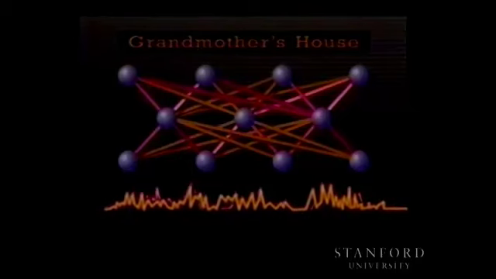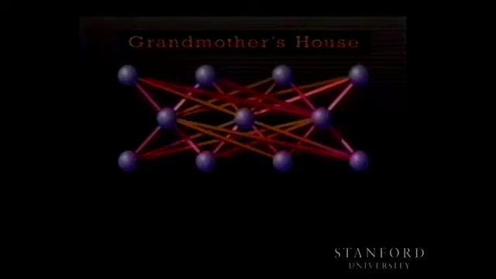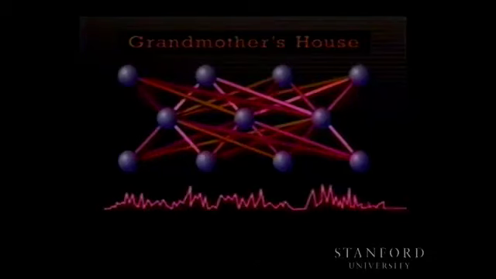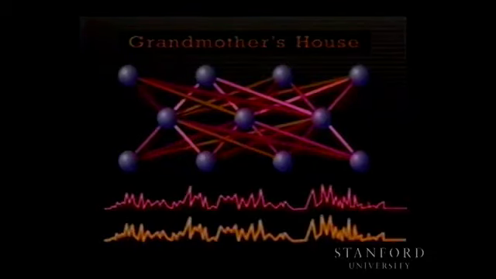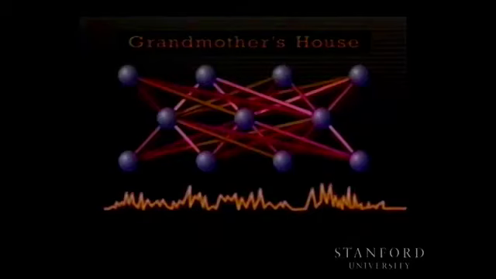By adjusting the connection strengths after each attempt, the net slowly improves. And finally, after letting it train overnight, the next morning it sounds like this. Grandmother's house. I like to go to my grandmother's house. Well, because she gives us candy. Well, NetTalk understands nothing about the language. It is simply associating letters with sounds.